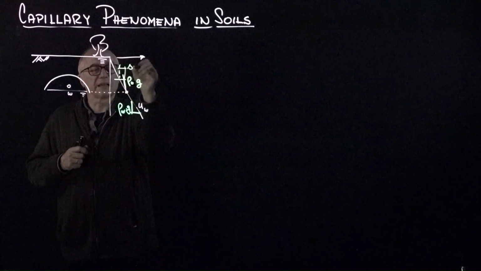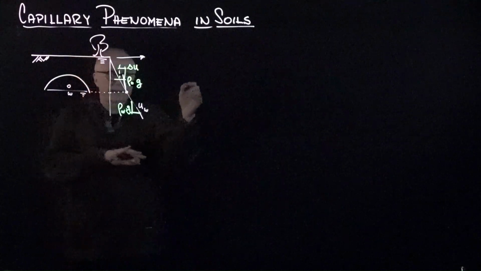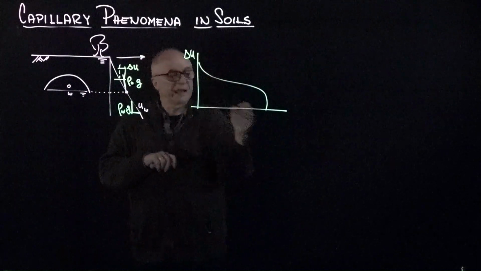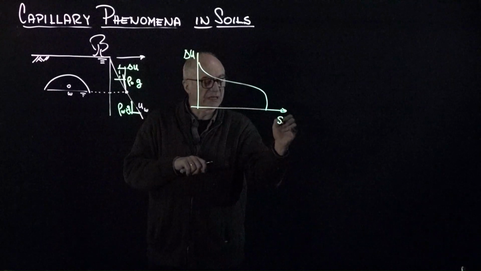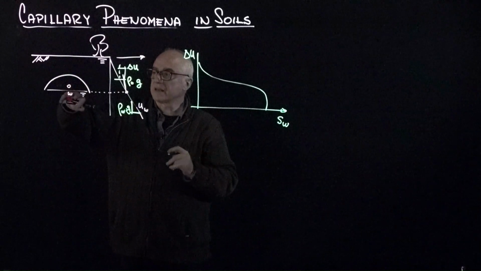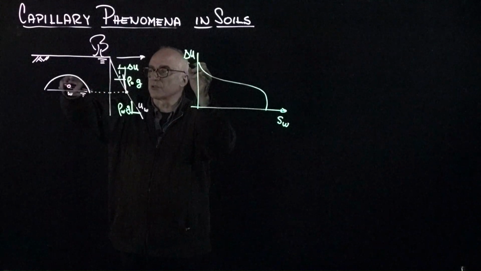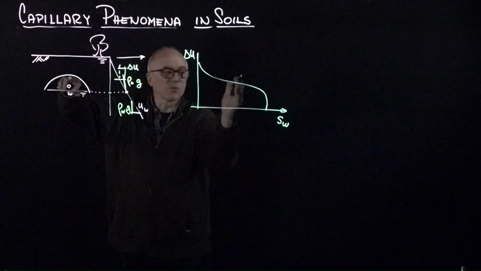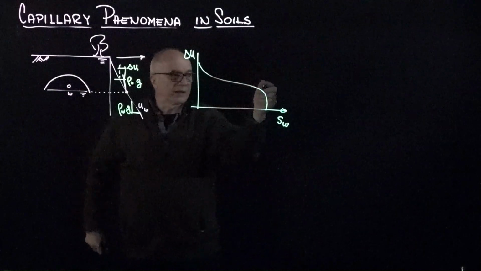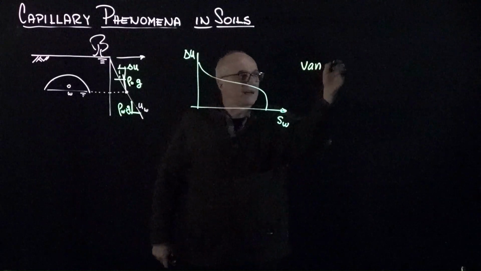This is the delta pressure, and based on that delta pressure, I can go to the characteristic curve for that formation and determine the water saturation versus depth within this formation. Clearly, the higher I go, the higher the capillary pressure, the difference between the two pressures, the lower the water saturation and the higher the oil saturation. By the way, this curve falls under the name of van Genuchten.